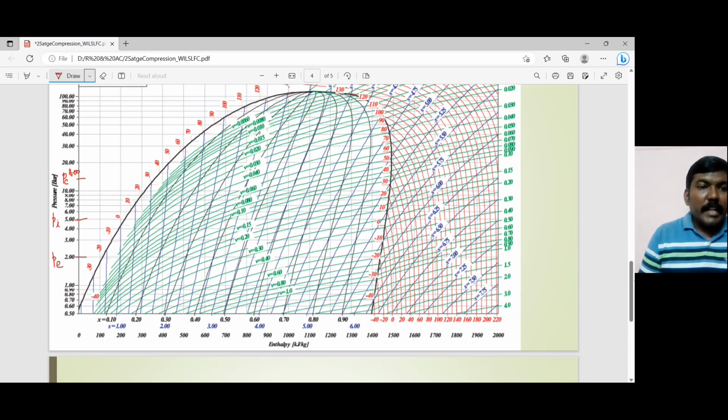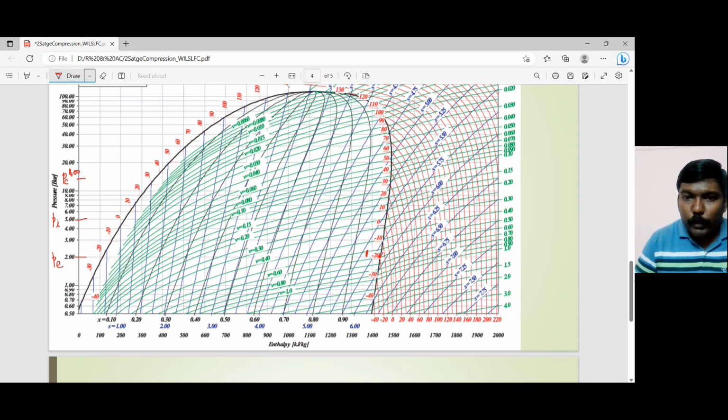Okay, so now I have to fix my point number 1 on the 2 bar pressure line. So travel on this 2 bar pressure line till it reaches the saturated vapor line. That is going to be my point number 1.